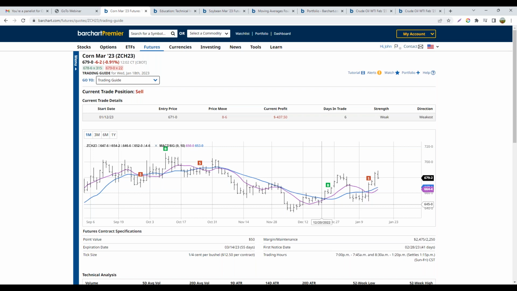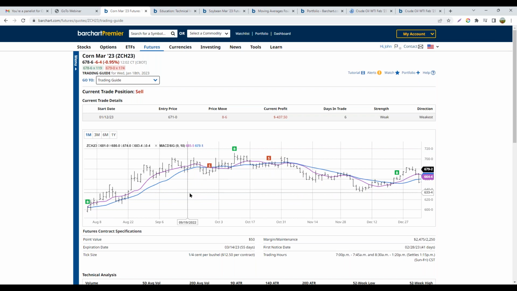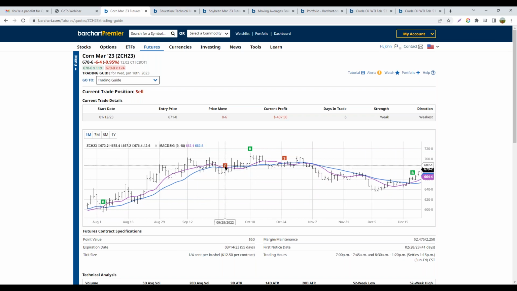Now, I want to remind you that this system, this trade, is always in the market. The futures trading guide is always in the market. So a sell signal is an exit from a previous long position, but it's also an entry to go short.